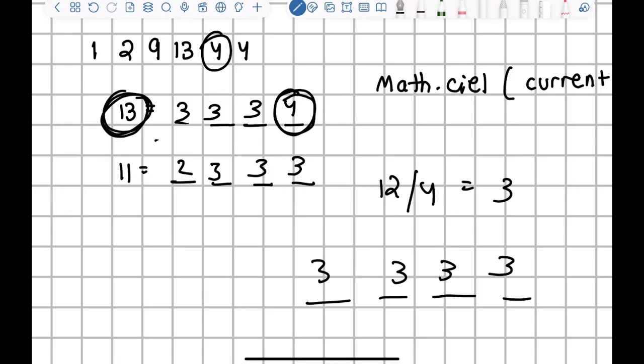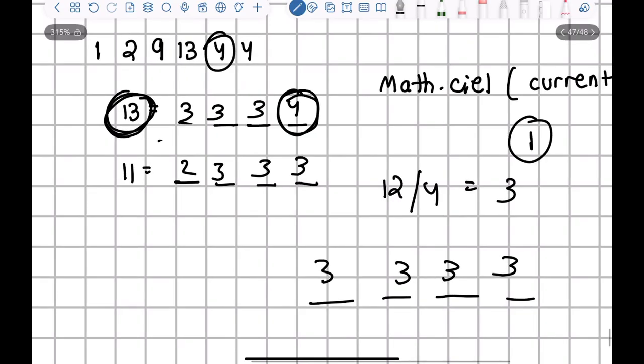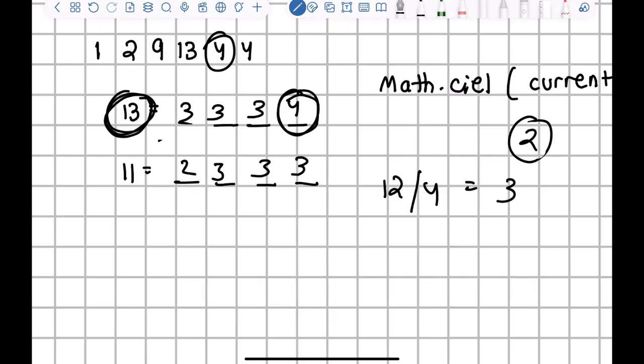Right? And now, what is the remainder? The remainder was 1 because we need 13, right? So we placed a 4 here. We added that remainder here. If my remainder was 2, I would have added the remainder 1 and 1 here, right?